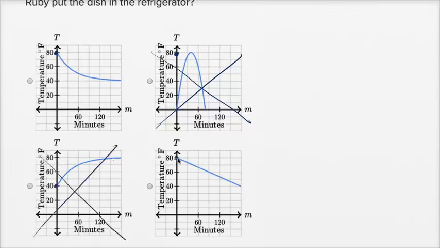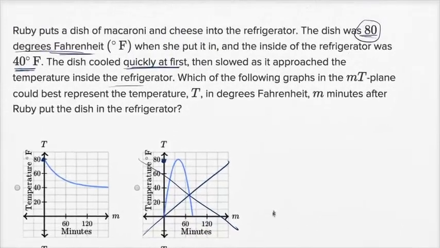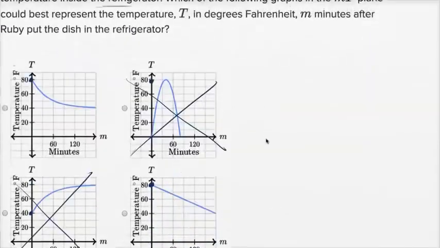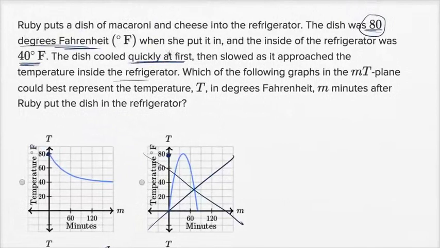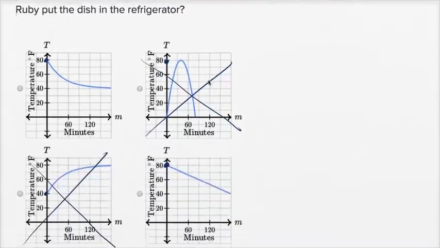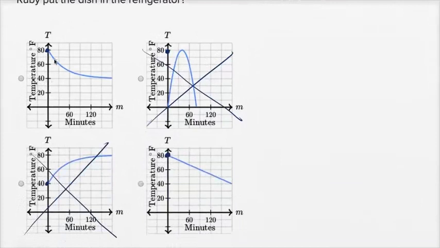This one also starts at 80 degrees. Now let's think about the shape of what the curve should be. They say the dish cooled quickly at first, then slowed as it approached the temperature inside the refrigerator. Now, does this graph describe that?